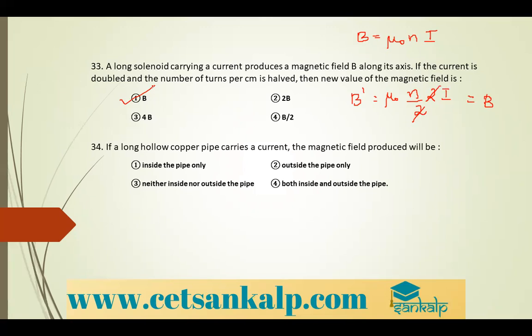Next, if a long hollow copper pipe carries a current, the magnetic field produced will be inside the pipe only, outside the pipe only, neither inside nor outside the pipe, or both inside and outside the pipe.